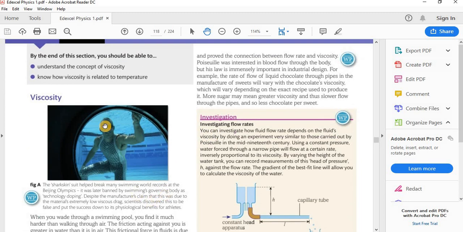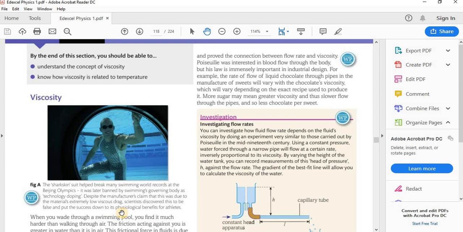Okay, and this swimmer has a specially designed suit which minimizes the friction due to water. The shark skin suit helped break many swimming world records at the Beijing Olympics. It was later banned by swimming governing bodies as technology doping, despite the manufacturer's claim that this was due to the material's extremely low viscous drag.